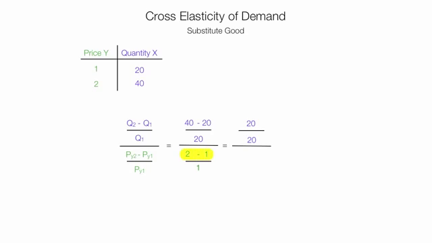All this divided by 2 minus 1, which is 1, divided by 1. This is equal to 1 divided by 1. It's equal to 1. That makes it a substitute good. It has a positive sign.